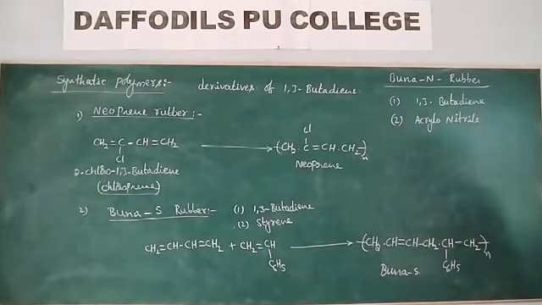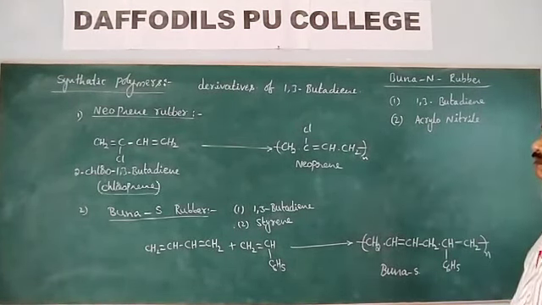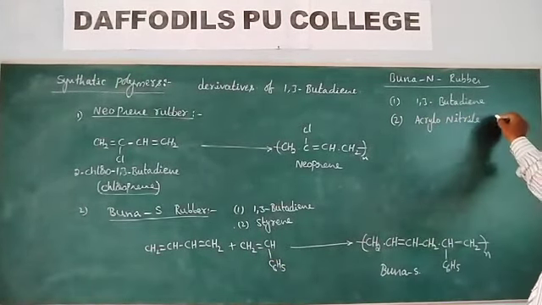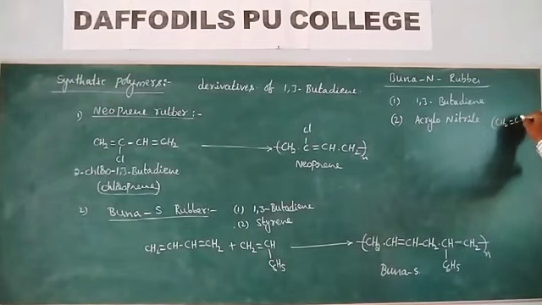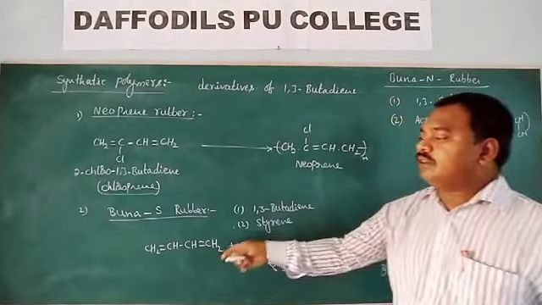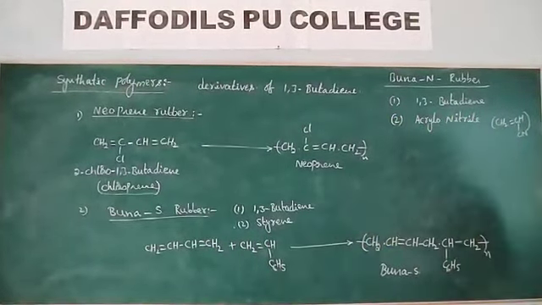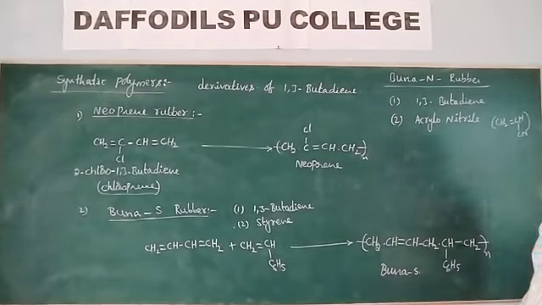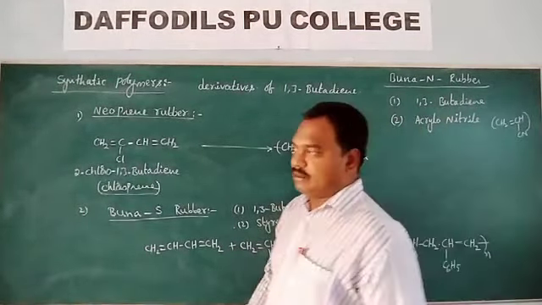Acrylonitrile means vinyl cyanide. This is vinyl cyanide. When these two monomeric units connect, you will get Buna N rubber. So this is about synthetic polymers.